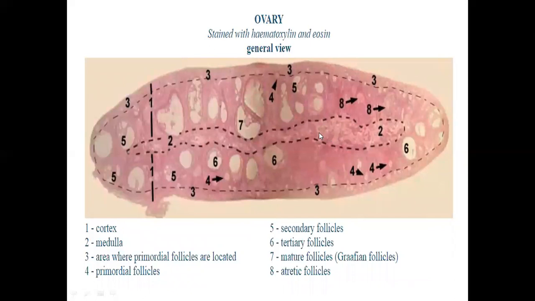This part, only connective tissue and blood vessels, is termed the medulla, and surrounding this, from all sides, there is a part of connective tissue where all the follicular development is happening in a mature ovary. That part is termed the cortex, as indicated by the line 1.